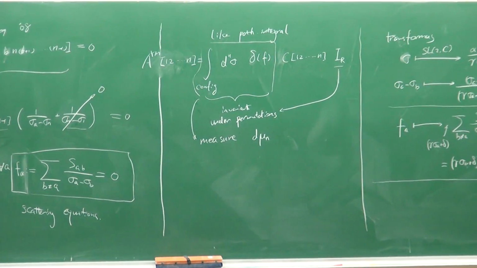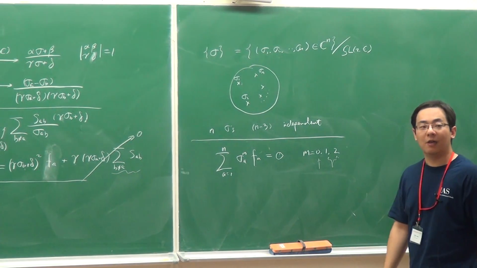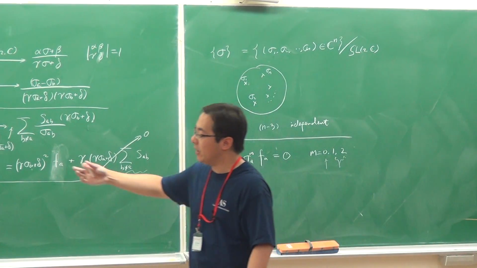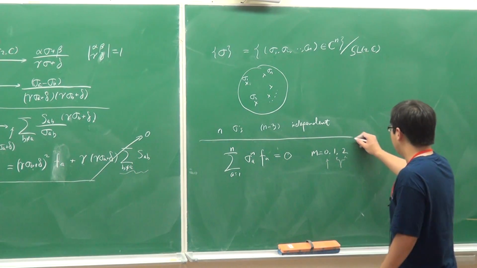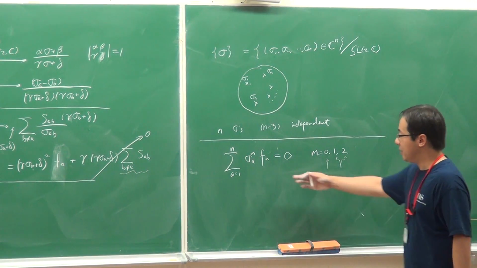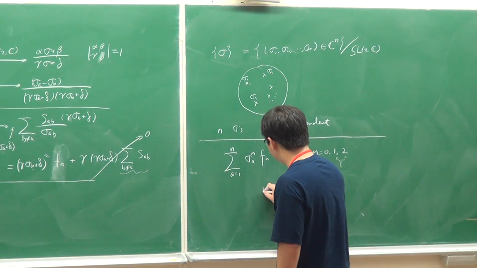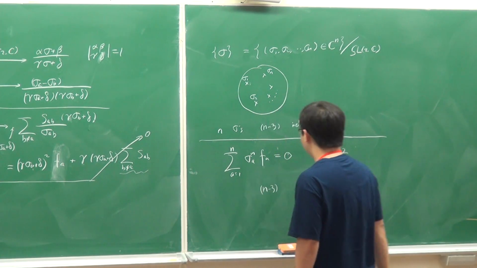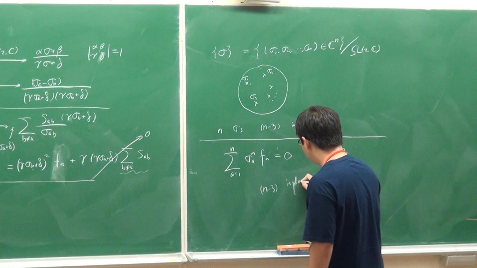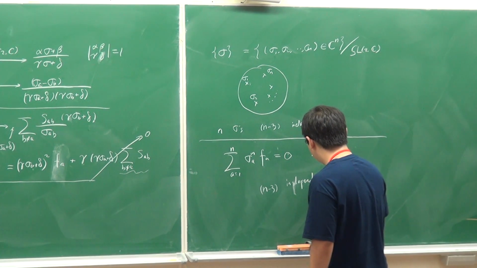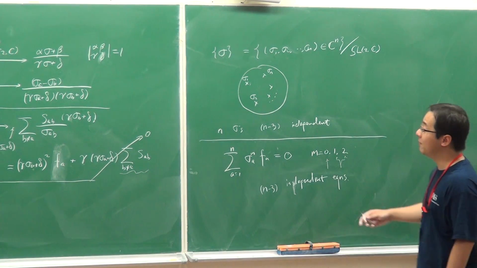If it's 1 or 2, you also need to use momentum conservation. But as long as the corresponding S are really data from an on-shell scattering process, this always holds. So that also means altogether there are only n minus 3 independent equations. And so everything looks fine.